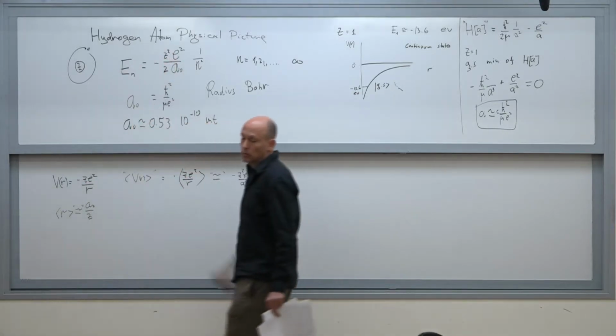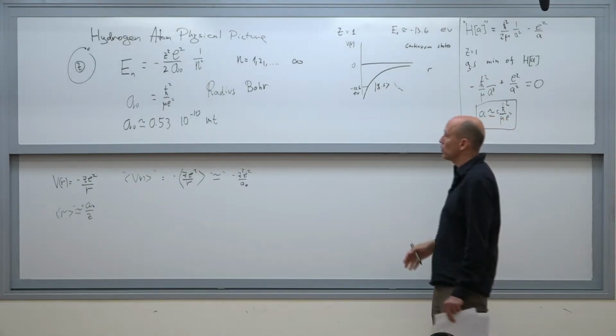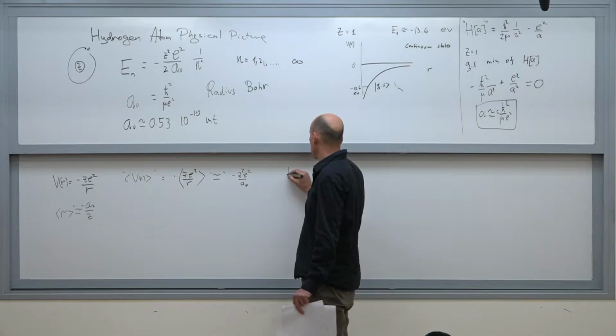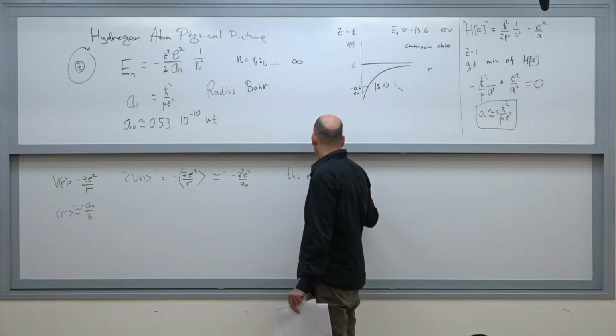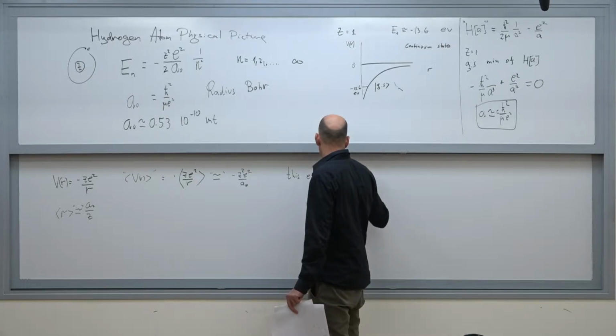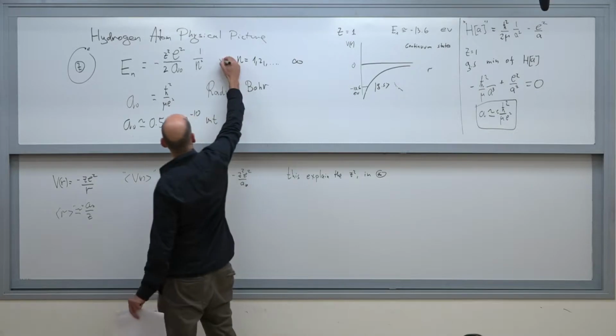That is the hand-waving argument, the physics of this Z squared. So this explains the Z squared in this main equation.